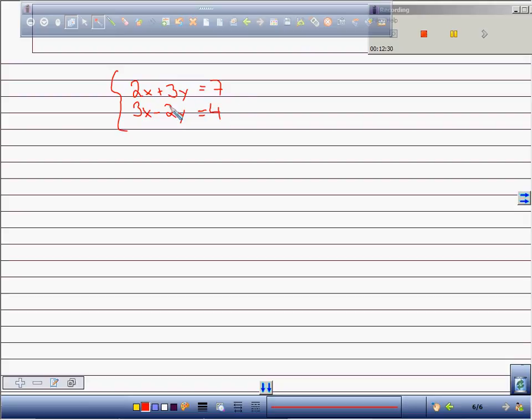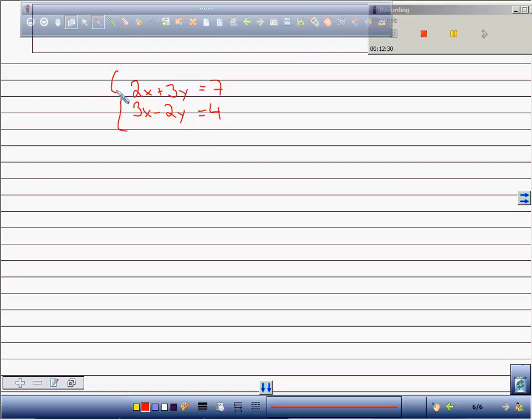There's nothing I can multiply this by to make this turn into one of those. So what I have to do is figure out something that I can multiply them both by to make one of them disappear. I have to multiply one equation by something and one equation by something else. So these will both go into 6, right?